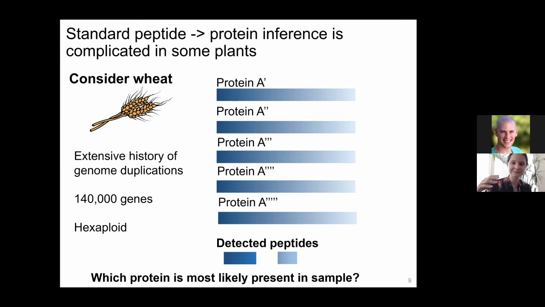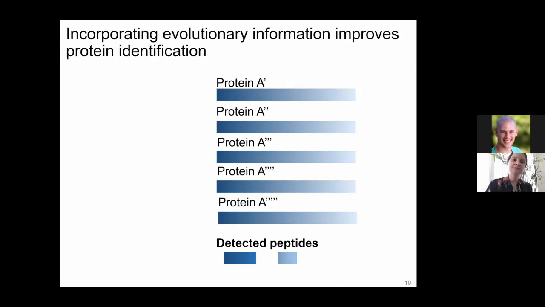In practice, peptides get randomly assigned to different isoforms or paralogs of this particular protein A. So what I decided to do was to incorporate evolutionary information into our protein identification. We know that all of these paralogs, these similar proteins in wheat, descend from some ancestral protein A.